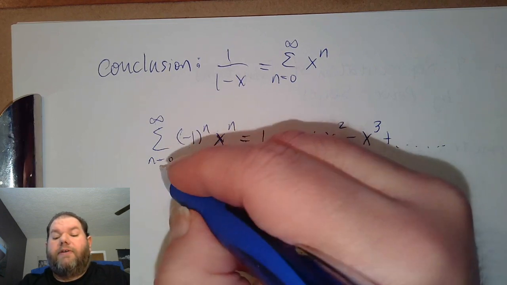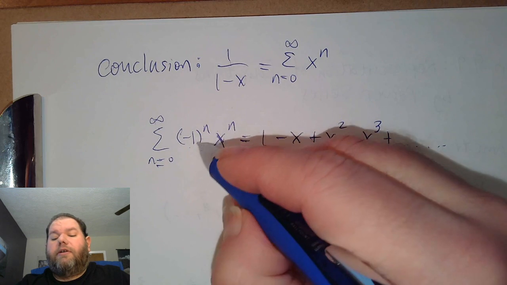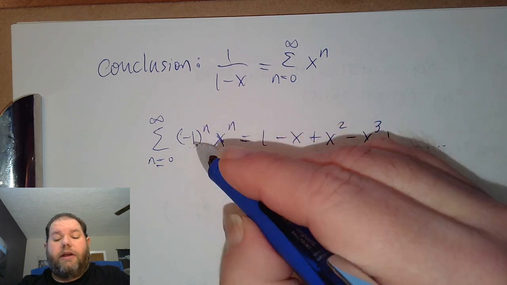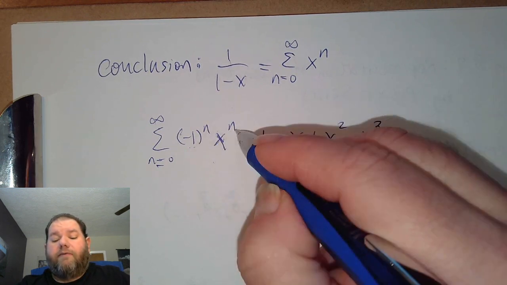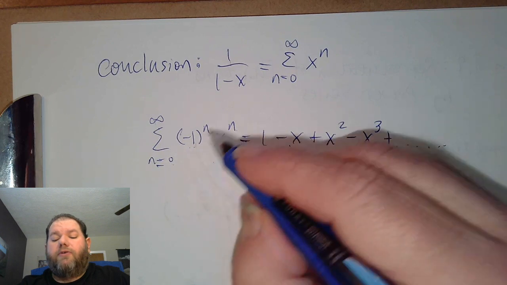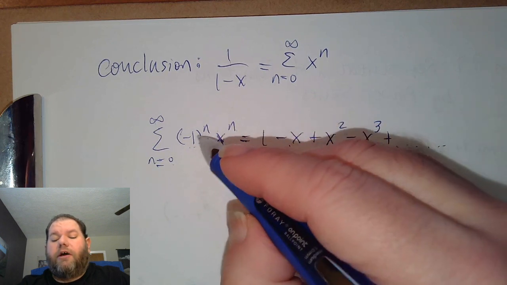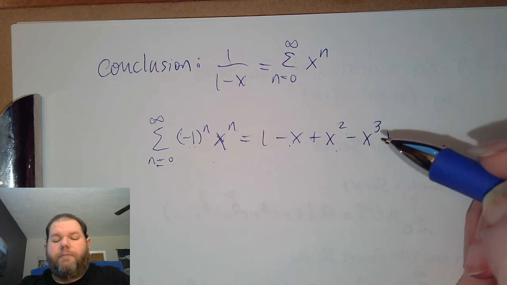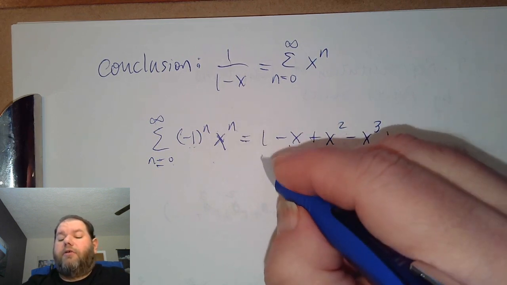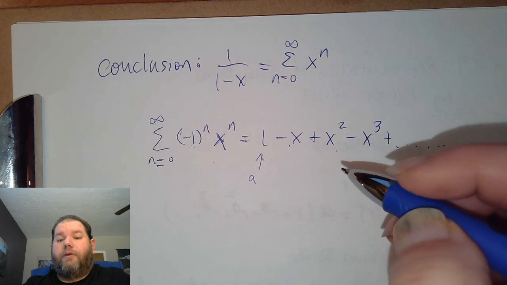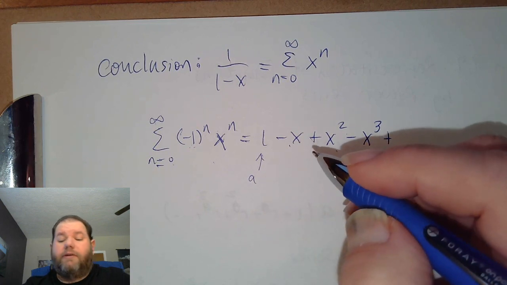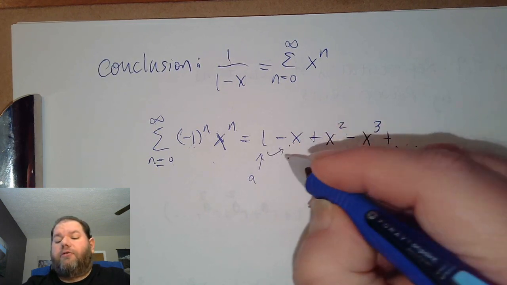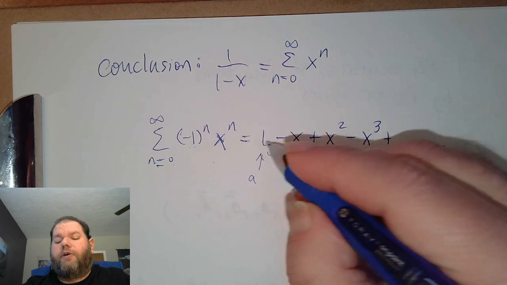N equals 1 is second: negative 1 to the first is negative 1 times x. N equals 2 is our third value: negative 1 squared is positive, times x squared, and so on. Our first term is 1 again, but the common ratio, as we go from here to here, what times 1 is negative x?